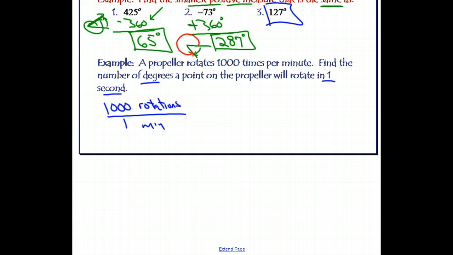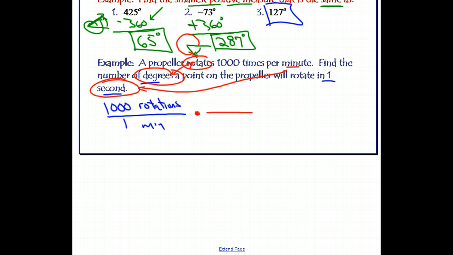They'd like us to convert it to degrees in seconds. If you've had chemistry, as factor label, there's two things I need to convert. I need to convert a rotation to a degree, and a minute to a second. So let's do the easy one first.